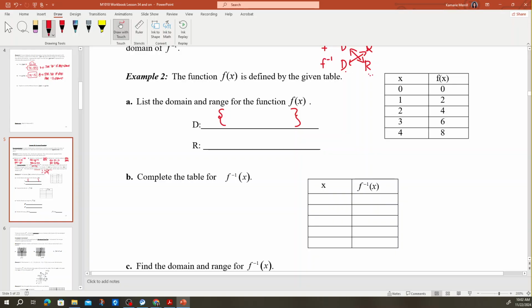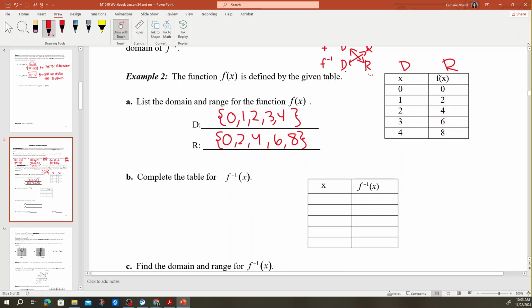The domain is your input values, your x's: 0, 2, 4, 6, 8. And the range, your y's, is 0, 1, 2, 3, 4.